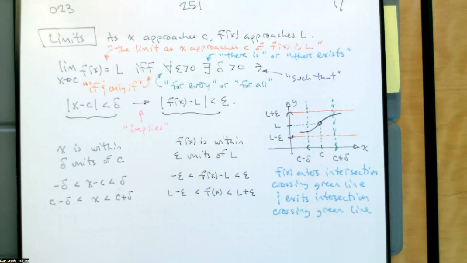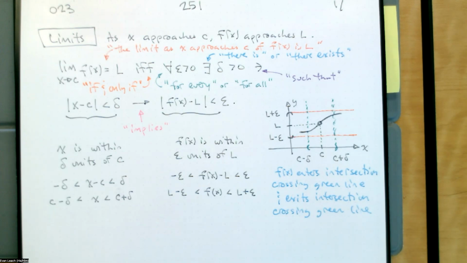As x is getting close to c, f of x is getting close to L. This is how we have to define it to make sure we all know what we're talking about. This is what it means for a limit to exist.